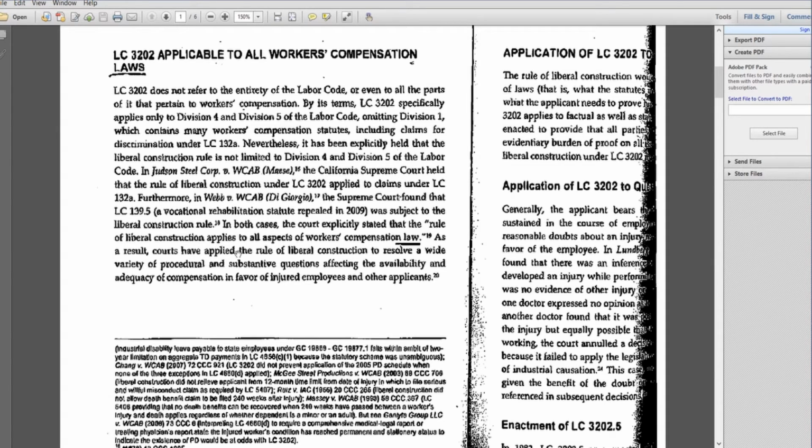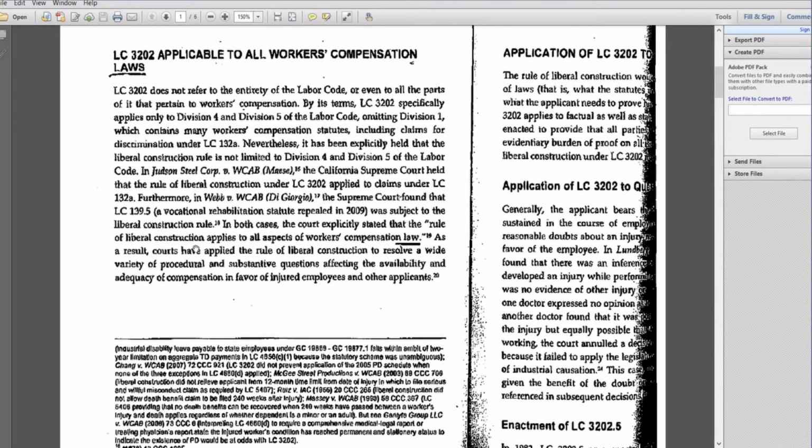Furthermore, in Webb versus WCAB, the Supreme Court found that Labor Code 139.5, which is a vocational rehabilitation statute, was subject to the liberal construction rule. In both cases, the court explicitly stated, and this is a quote, "the rule of liberal construction applies to all aspects of workers' compensation law," unquote.